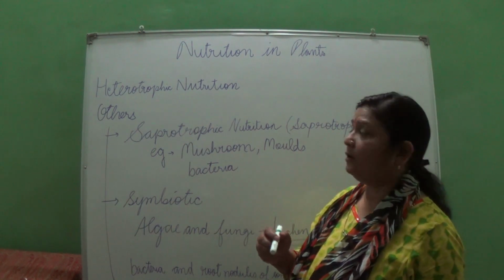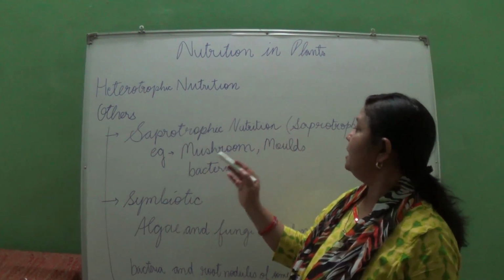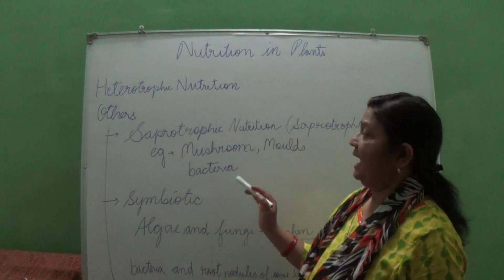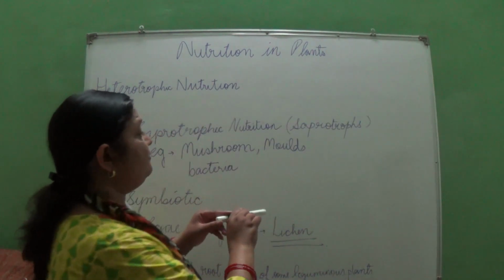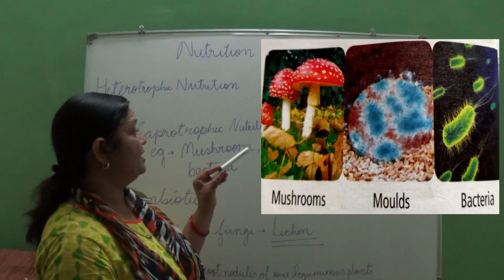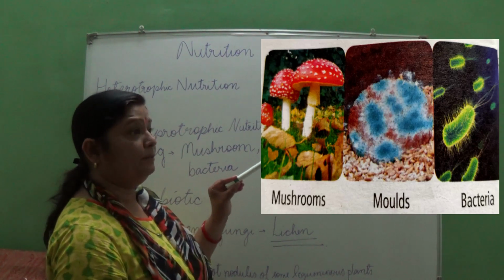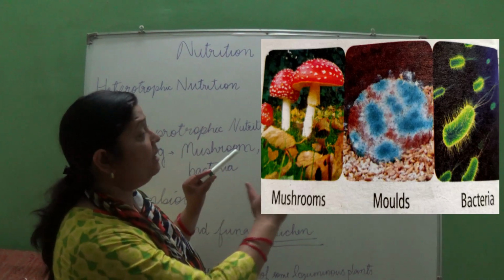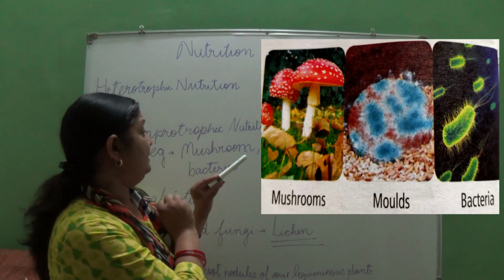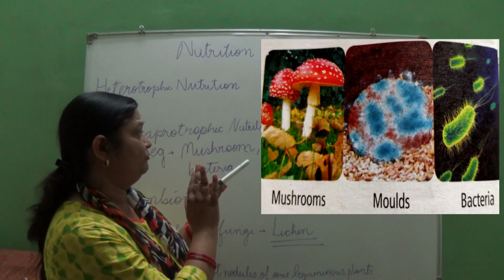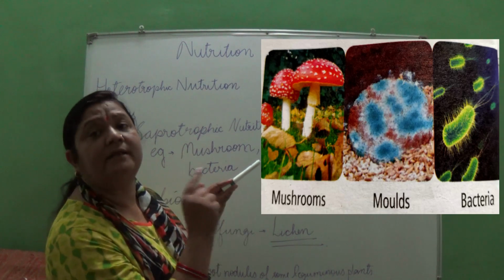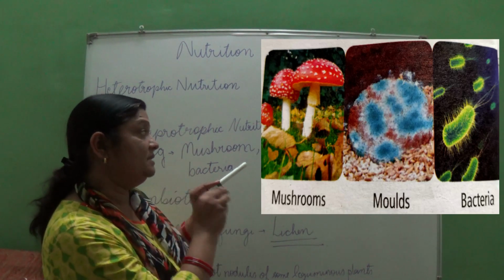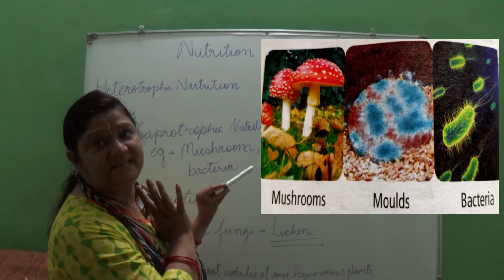Examples of saprophytic nutrition are mushroom, molds and bacteria. You can see from the figure the mushroom, molds and bacteria. They are very colorful in nature and they can't prepare their own food. They take the food from where? The dead and decaying organisms or dead and decaying matter.